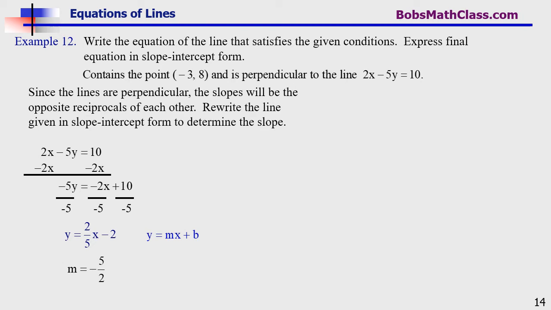And now we're going to use the point negative 3, 8. Use our handy-dandy formula. x is negative 3, y is 8, and m equals negative 5/2. And we're going to solve for b. Put a 1 underneath the negative 3. Multiply across.